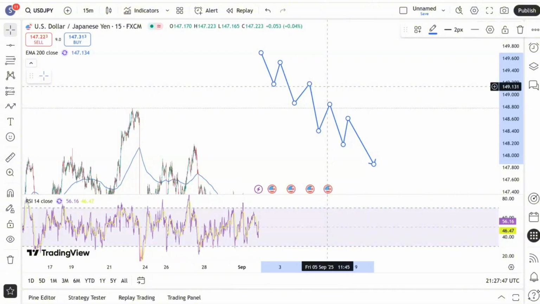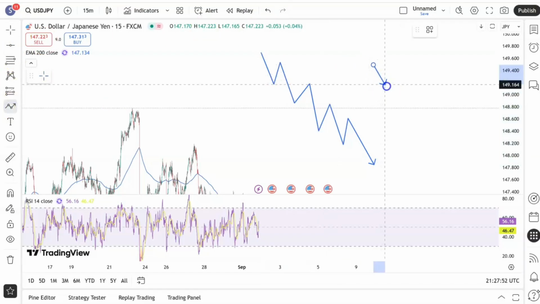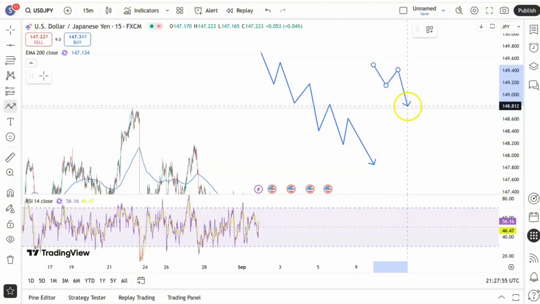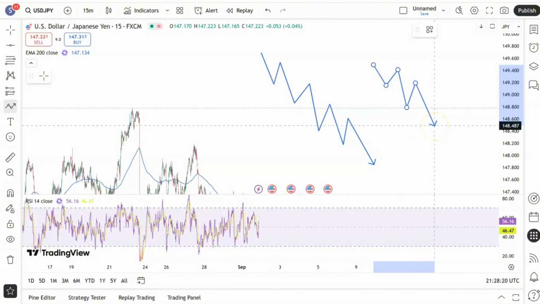If you have a structure like this coming down, and the price is here already, and you sell at this particular region, at 148.866, then the price might move down a bit, then retreat back, and this retreat might take out all your liquidity. It might even retreat to somewhere here before reversing back like this. So why should you sell at this point when you can wait for the correction before selling?